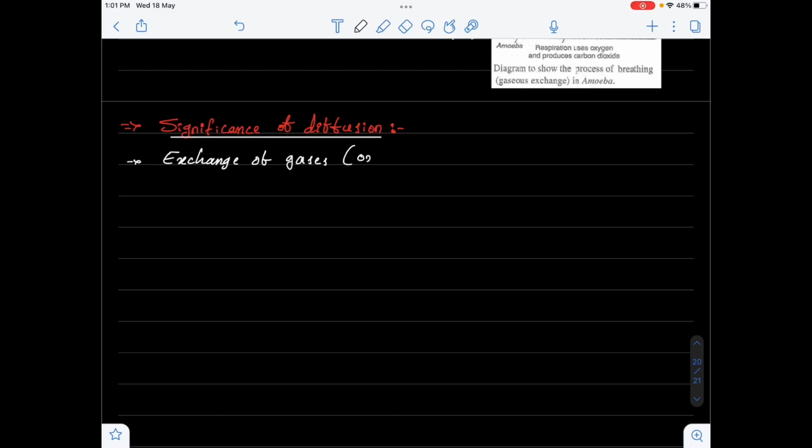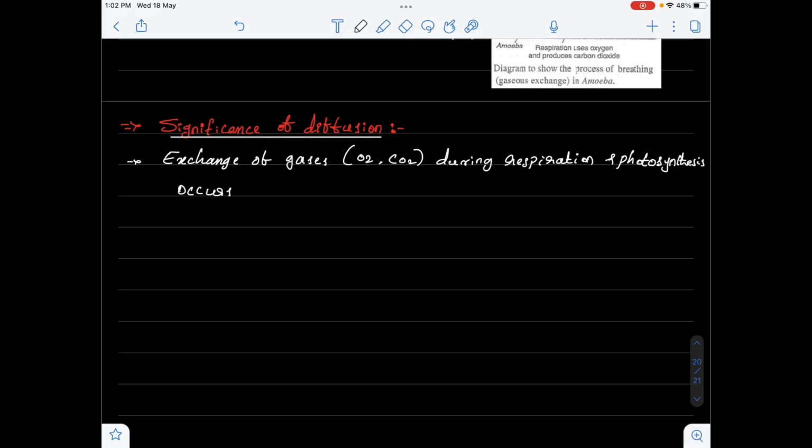Now let us see the significance of diffusion. Exchange of gases, that is O2 and CO2, during respiration and photosynthesis occurs through diffusion process.